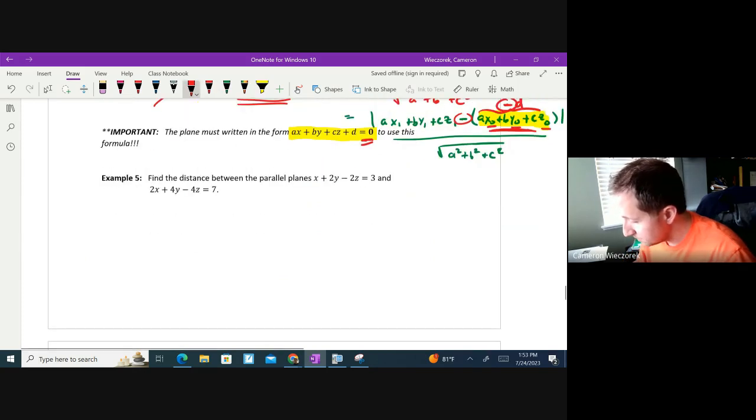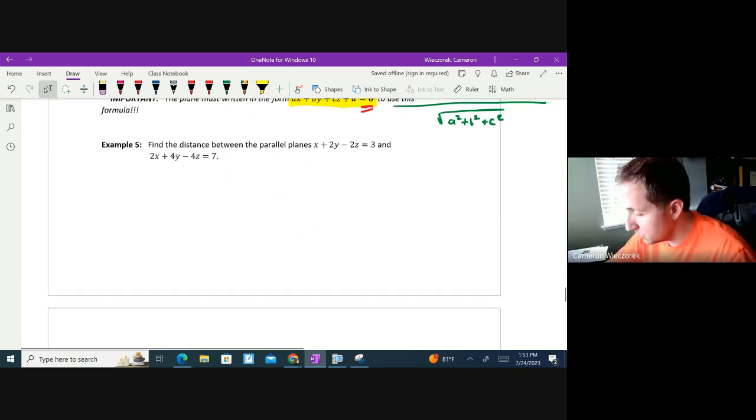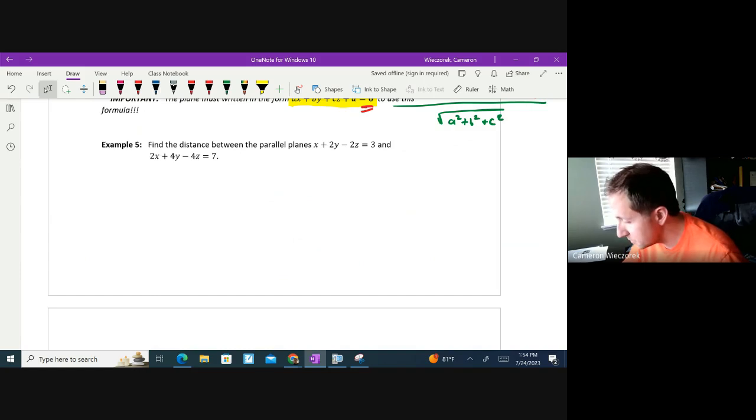Okay. And we can apply this logic also to the distance between two parallel planes. So let's say we wanted to find the distance between the two planes x plus 2y minus 2z equals 3 and 2x plus 4y minus 4z equals 7. First thing you should be asking yourself or confirming for yourself is how you know these are parallel. And I can tell that because of their normal vectors.